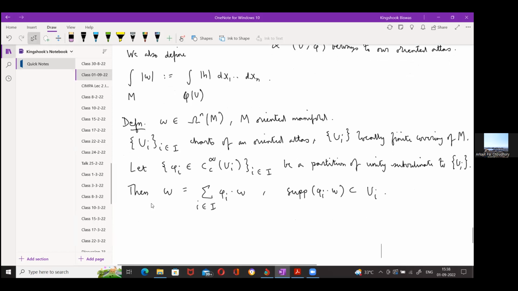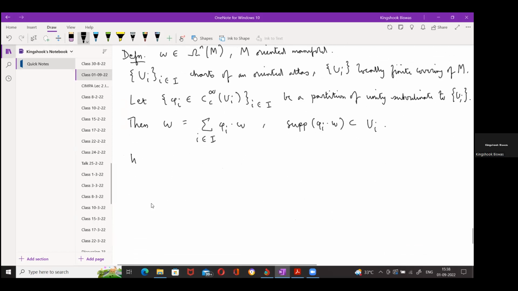So first of all, we say that omega is integrable if the sum over i of the integral over M of the absolute value of phi_i omega is finite.